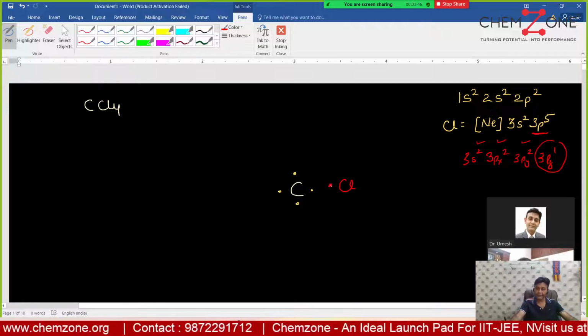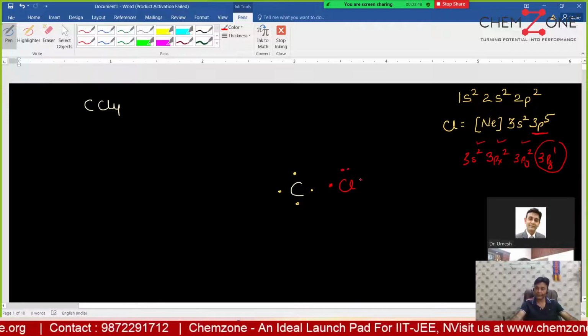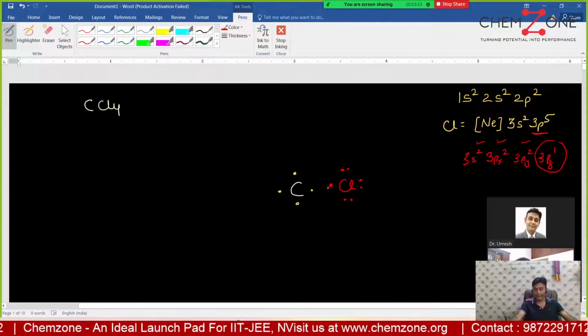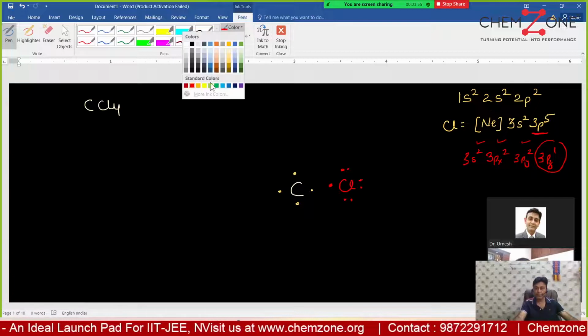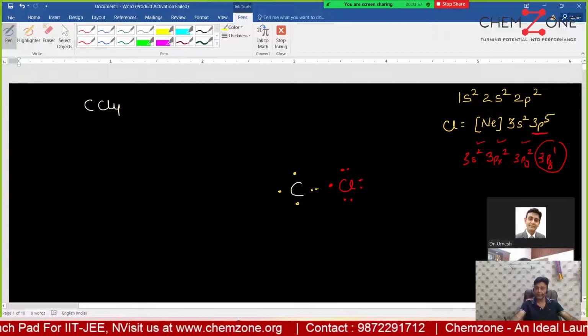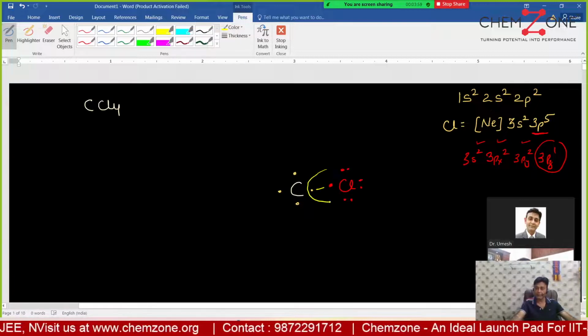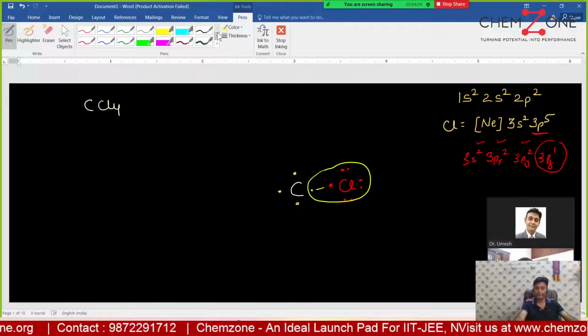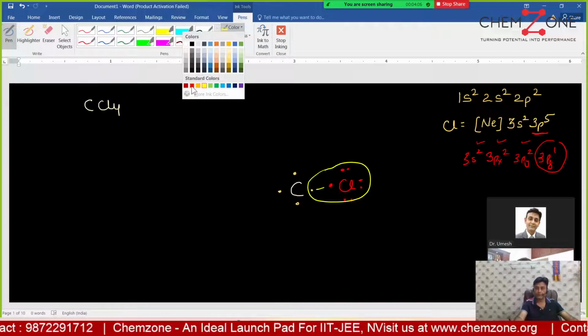So I will show here one unpaired electron and 3 pairs of electrons like this. Chlorine has 7 electrons in the outermost shell. It shares with the carbon, making a bond like this. Am I clear? Yes, sir.